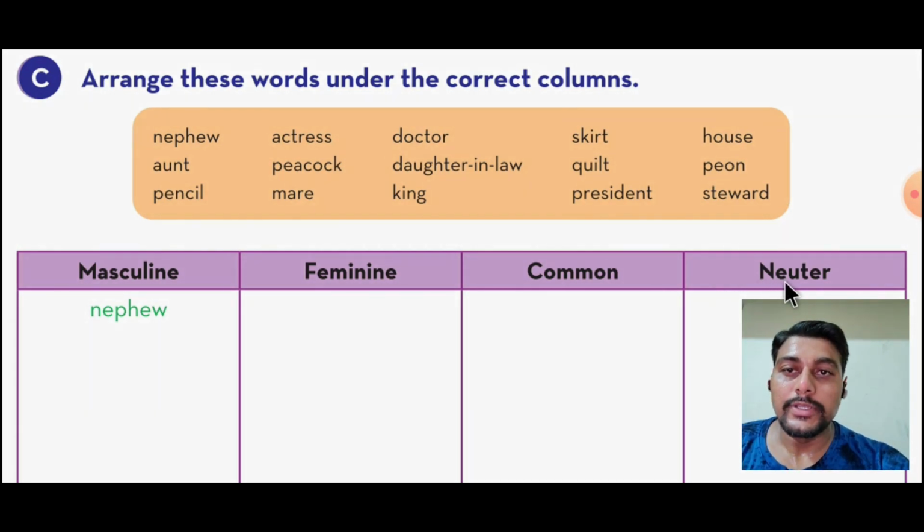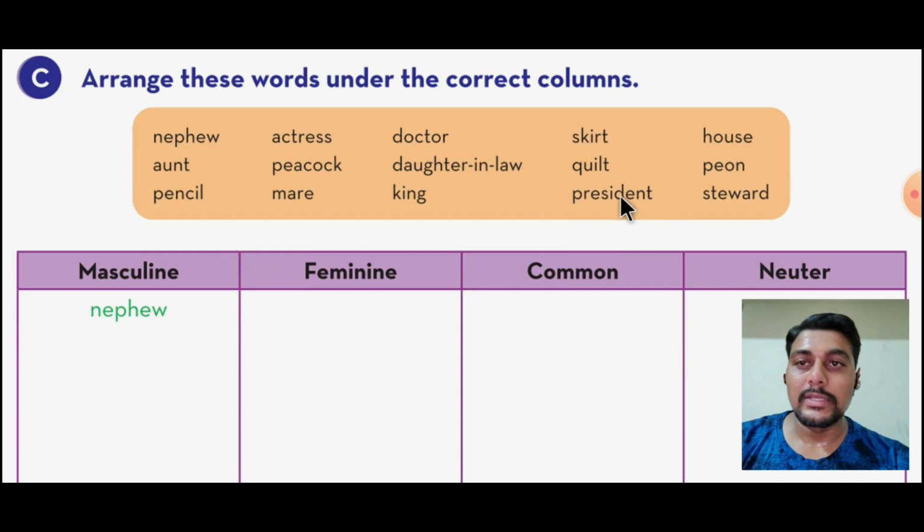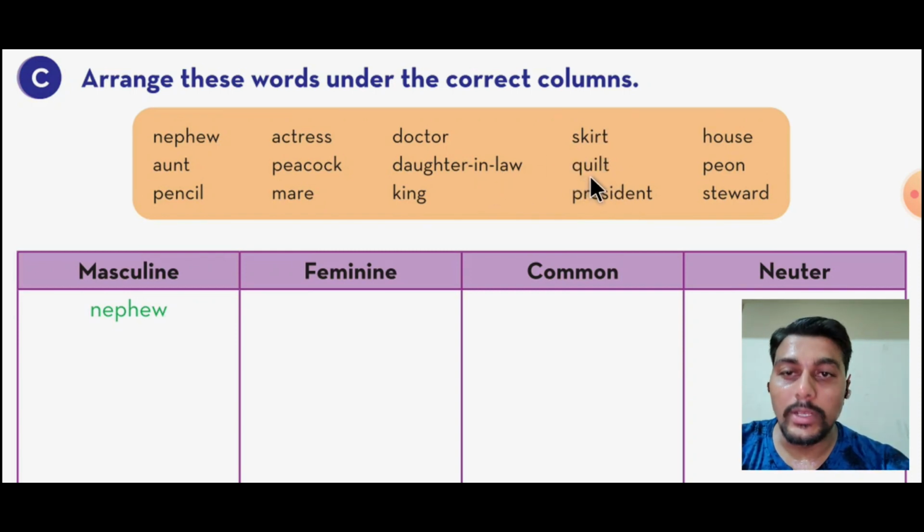For the last one, neuter nouns. The categories of all these 3 are already completed, and you know the answers, so the 4th one is very easy. So these are pencil. Then after the pencil, yes, skirt, a kind of cloth to wear. Then quilt, a kind of cover for bed.